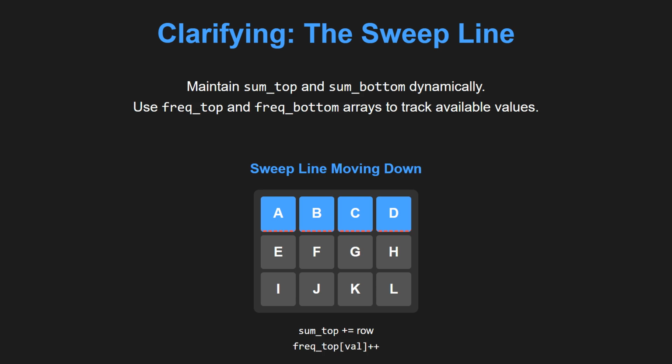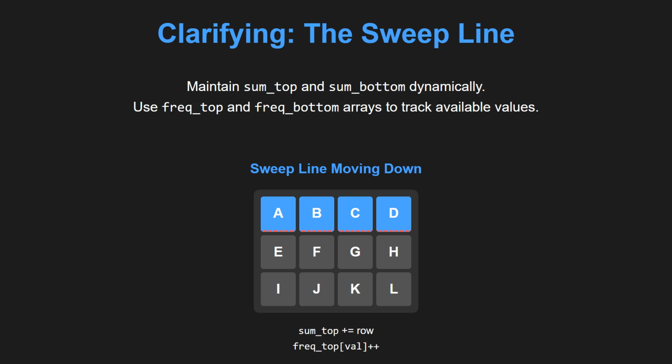But sums are not enough. To know if we can balance the sections, we must know what exact values are available to be removed. So, we maintain two frequency arrays, frequency_top and frequency_bottom. When we move our horizontal cut down by one row, we simply add the values of that new row to frequency_top and subtract them from frequency_bottom.